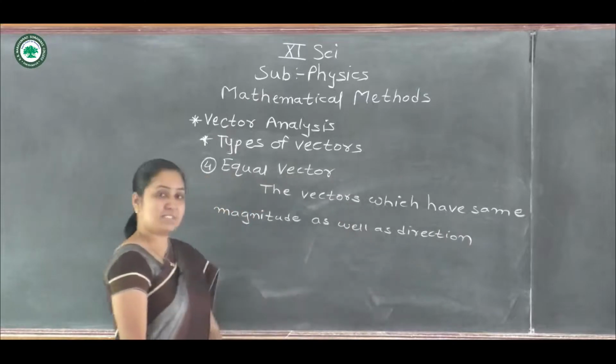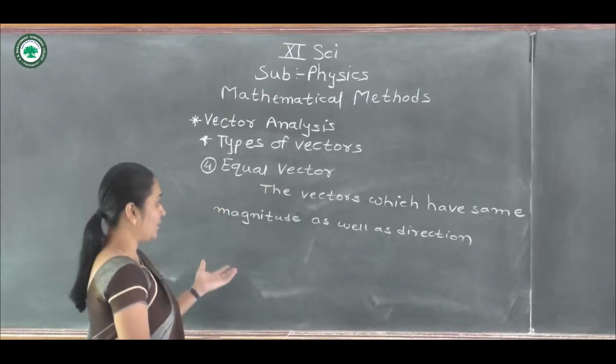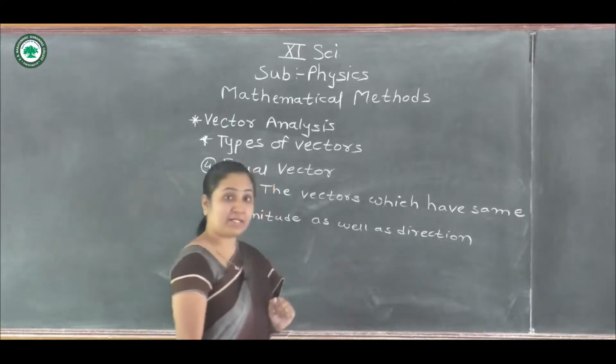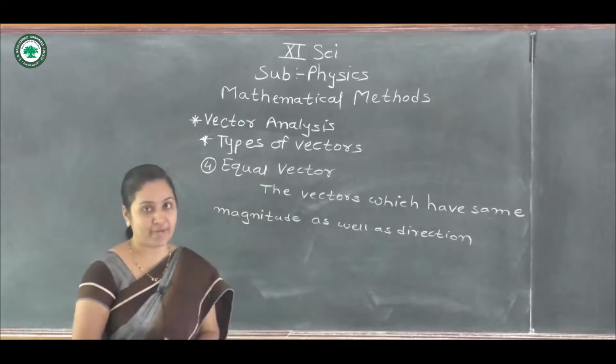The vectors which have the same magnitude as well as direction, this type of vectors are called equal vectors.